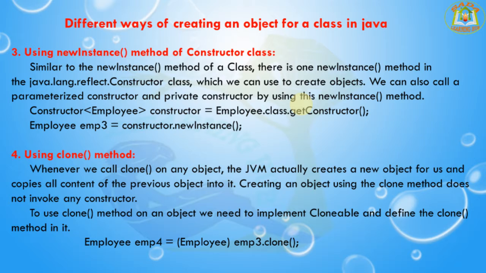A marker interface can be with methods or without methods. If you see, Cloneable is a marker interface, and Serializable, Externalizable, SingleThreadModel and Runnable. These are all marker interfaces. When an object is created through the cloning process, the constructor will not be executed.